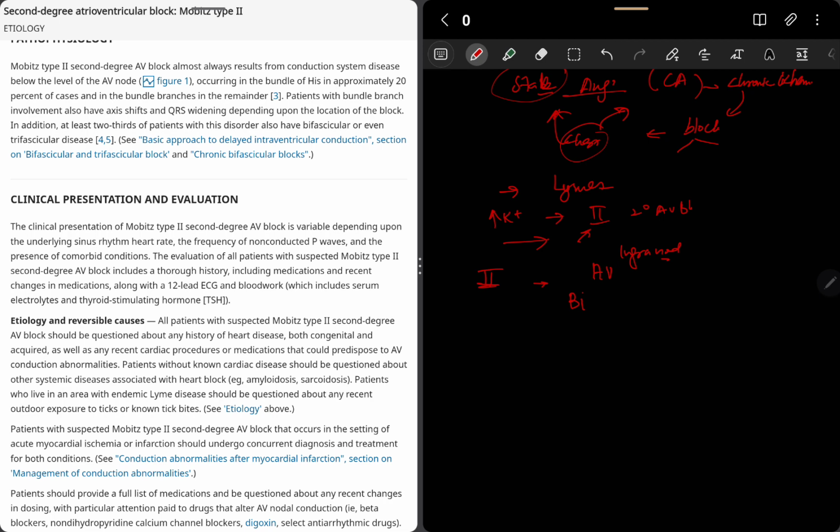The prevalence is 20% if it occurs in the bundle of His, and the rest of the percentage is when the Mobitz type 2 block occurs in the bundle branch, like right or left bundle branch. So if the origin is left or right bundle branch for this Mobitz type 2, the prevalence is more.